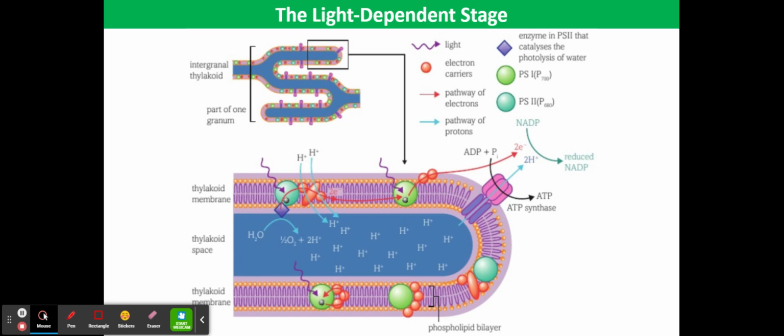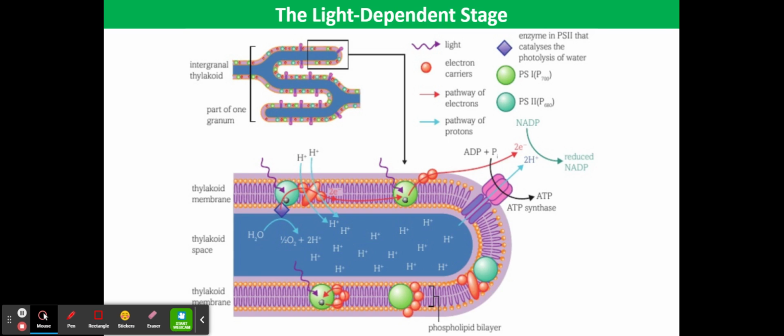As protons accumulate in the thylakoid space, a proton gradient forms across the membrane. Protons diffuse down their concentration gradient through special channels in the membrane associated with ATP synthase enzymes.